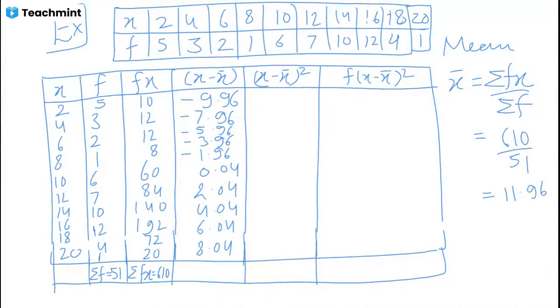Now we need to find its square of each. So that is 9.96 into 9.96.